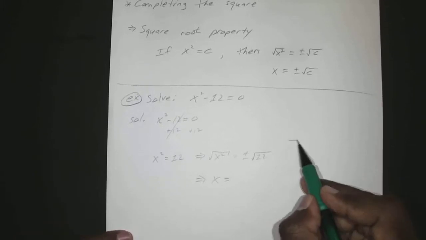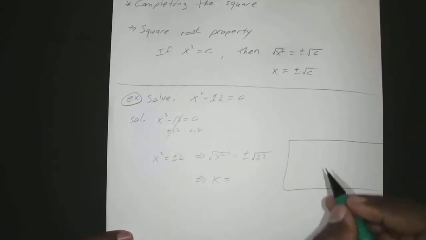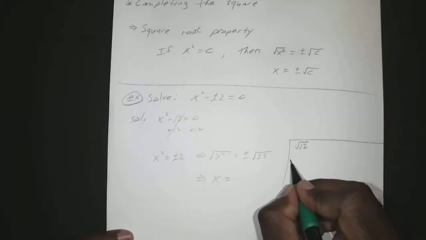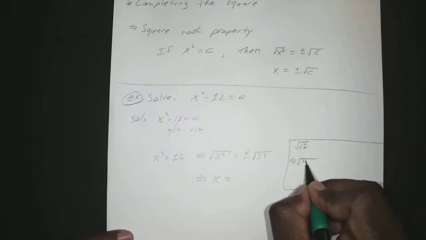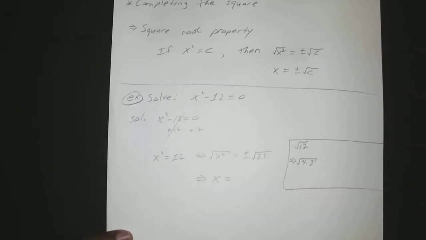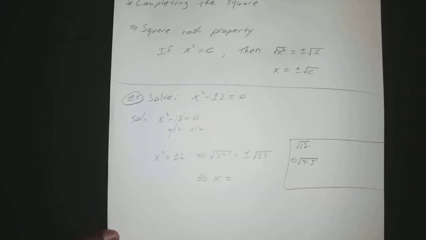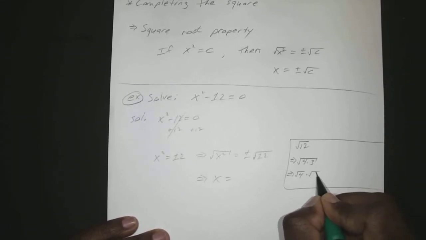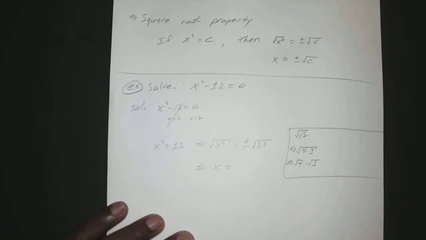equals plus or minus the square root of 12. We know that you can rewrite the square root of 12 as the square root of 4 times 3. Whenever you have two factors under a square root, you can separate them. So you have the square root of 4 times the square root of 3.